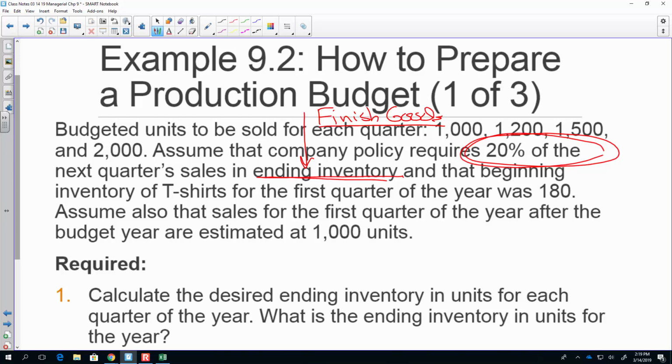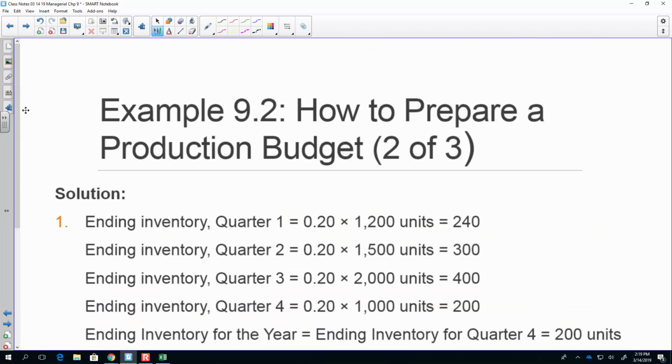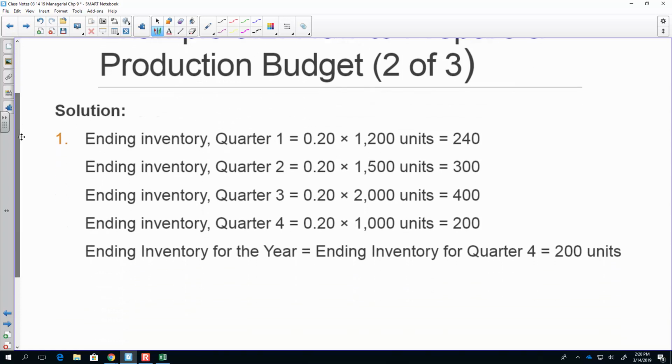So finished goods, budget 2. 20% of next quarter's sales is the desired ending inventory. For quarter 1, we're going to take 20% of next quarter's sales, which is 1,200 units, and we get 240 as our desired ending. And so on and so forth.